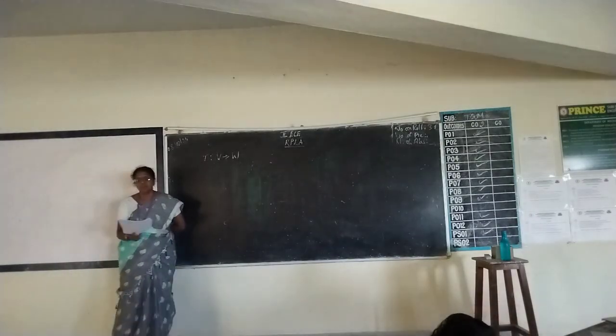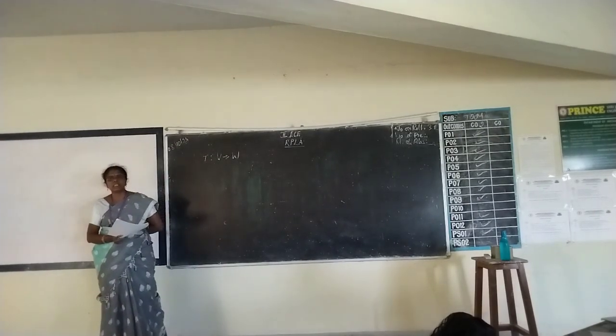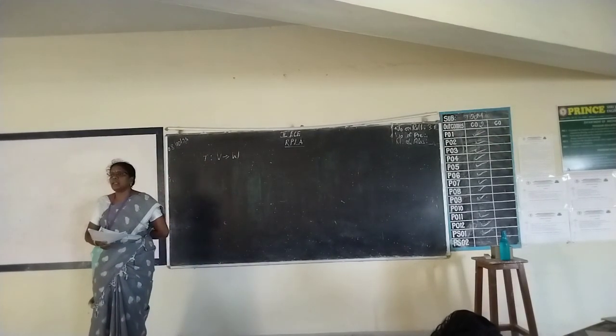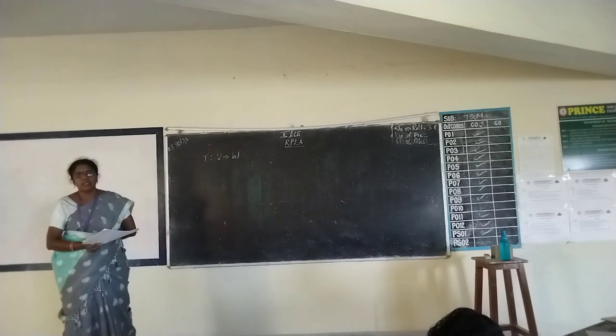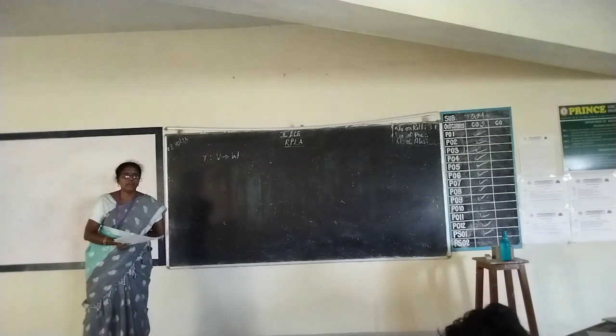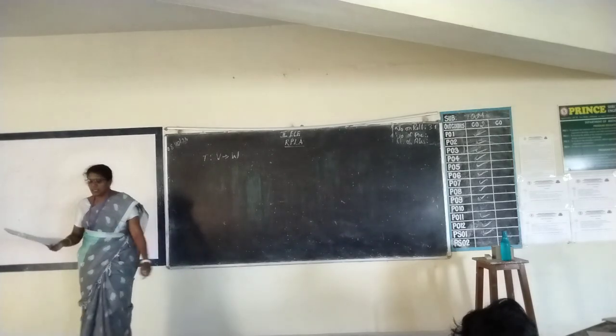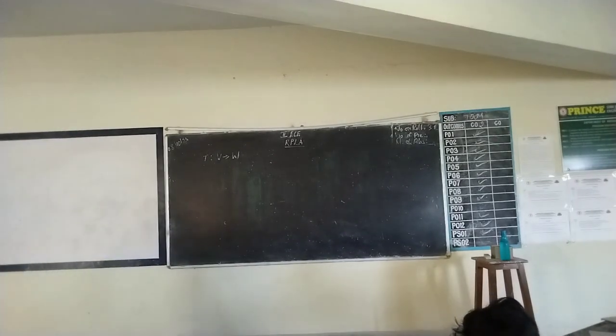Then, first: T is one-one if and only if nullity of T equals 0. Second: T is onto if and only if rank of T equals dimension of W.